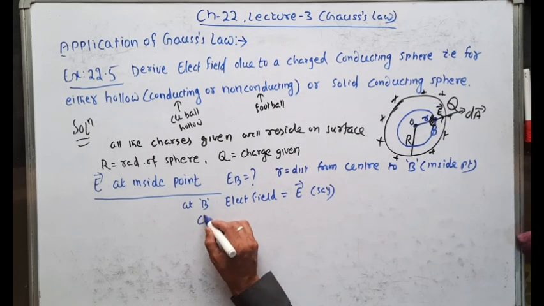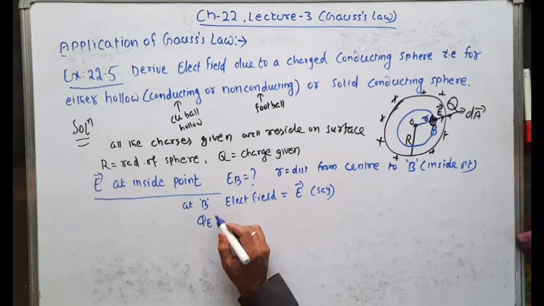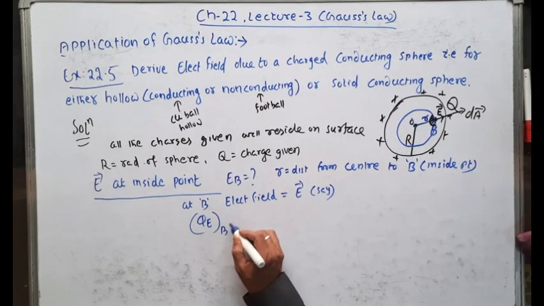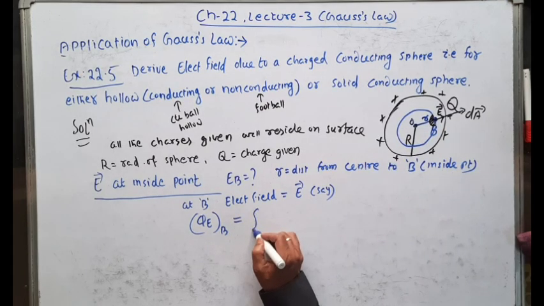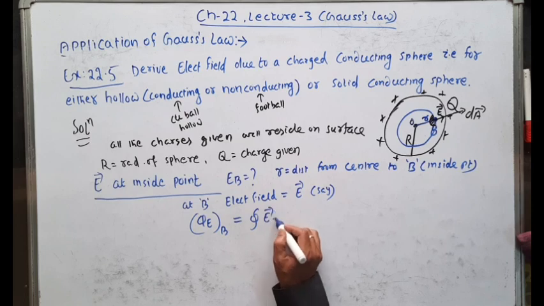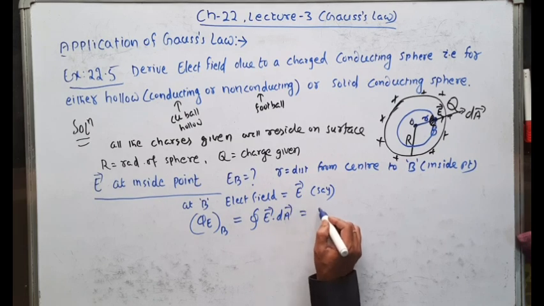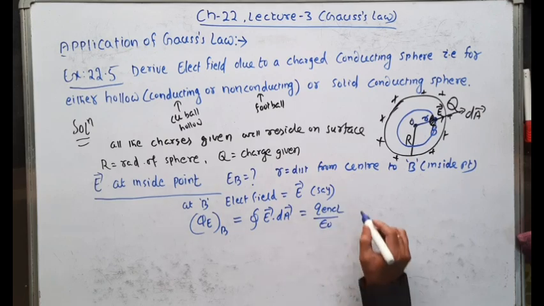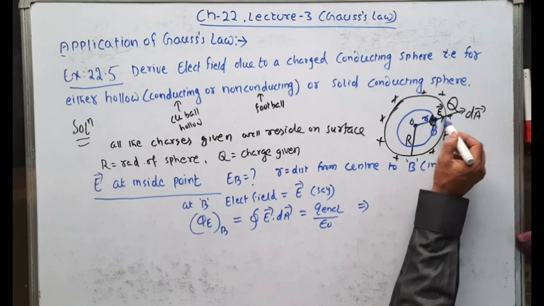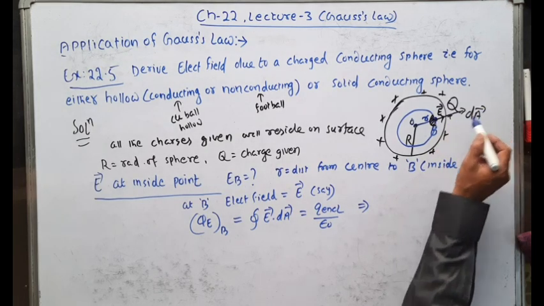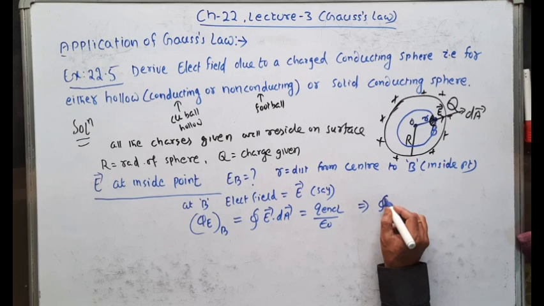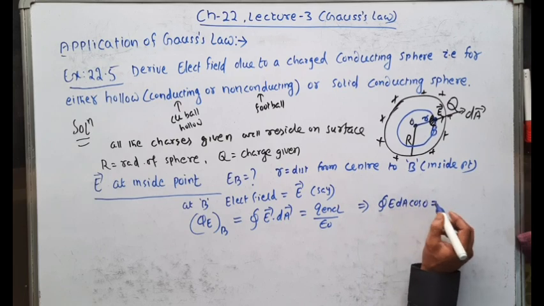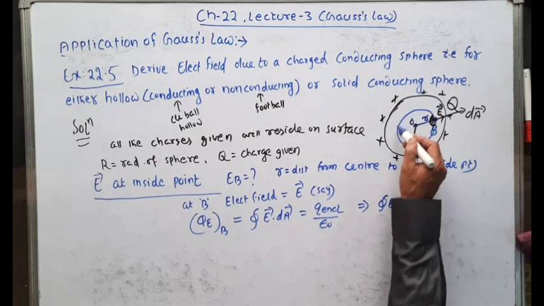The electric flux from this surface is the surface integral of E dot dA, which is equal to the charge enclosed divided by epsilon naught according to Gauss law. The electric field vector and area vector are in the same direction, so it is the surface integral of E dA cos 0, and cos 0 is 1. That equals Q enclosed by the Gaussian surface.